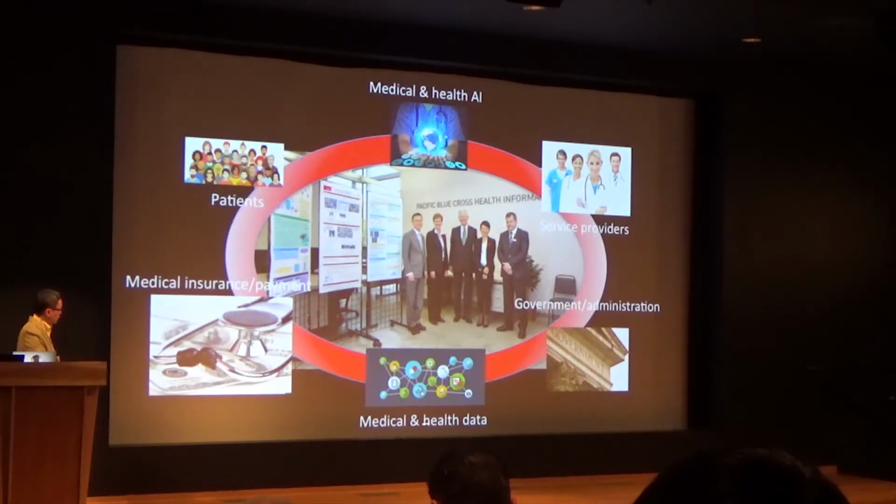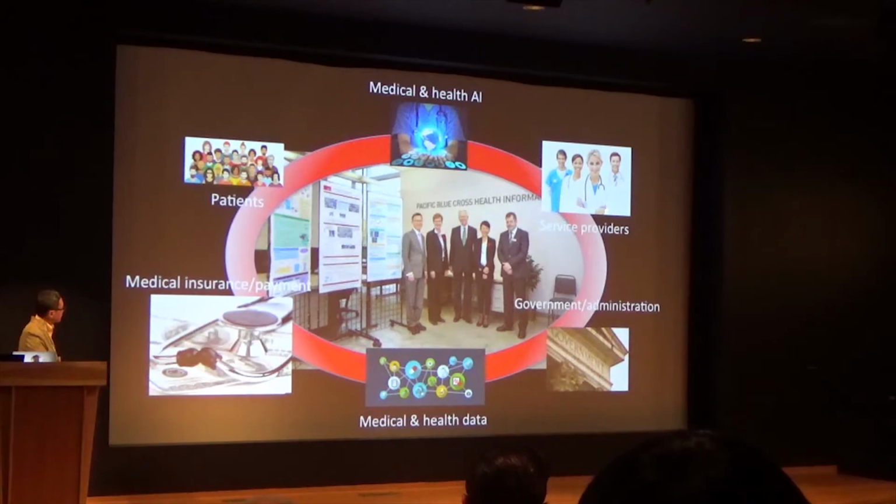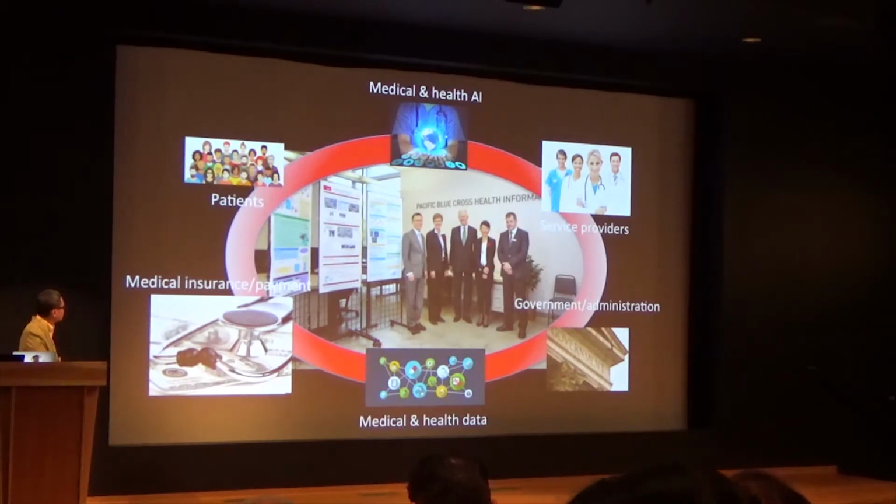So we work on a lot of data, medical and health-related data, and we try to get the medical and health AI tools. Essentially, we look at patients, service providers, government, and administration, as well as medical insurance payment in the whole cycle.